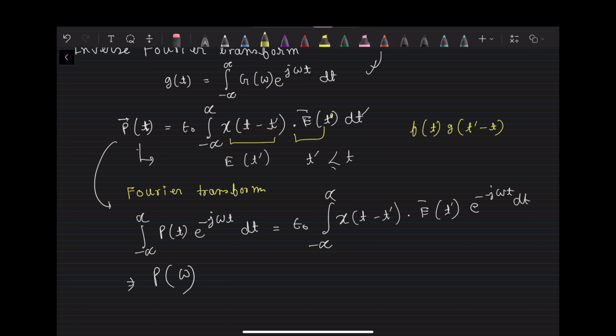Okay, this is actually called convolution. So what, then of course the integration. So okay, here we are left with two integration.